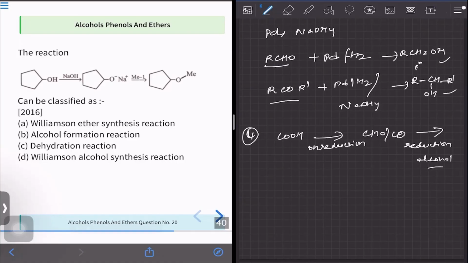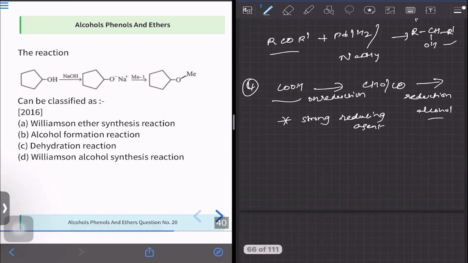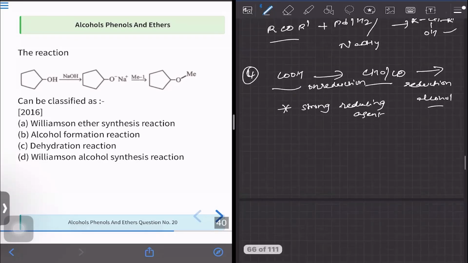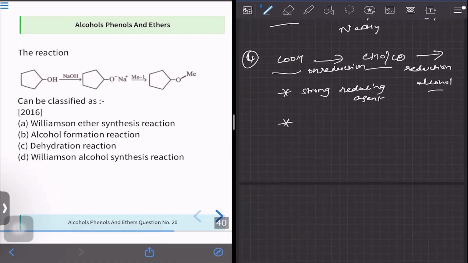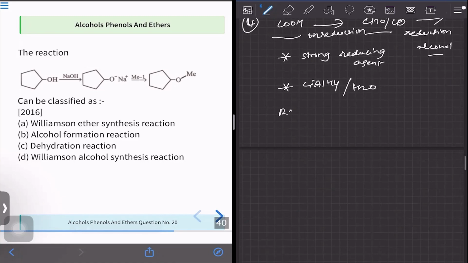To produce alcohol from carboxylic acid, we need a strong reducing agent, because if we use a weak reducing agent, it only converts COOH to CH4 and does not convert further to alcohol. So we need a strong reducing agent, which is LiAlH4 in aqueous media. Whenever carboxylic acid undergoes reduction in the presence of LiAlH4, it produces primary alcohol.